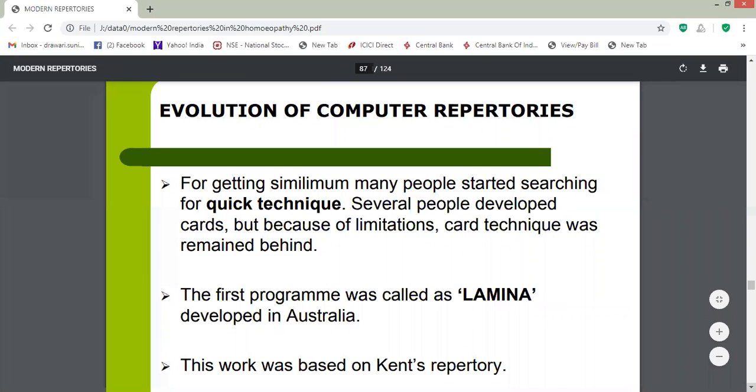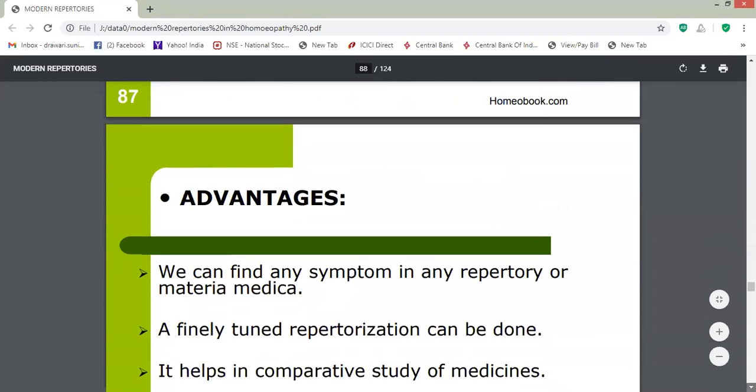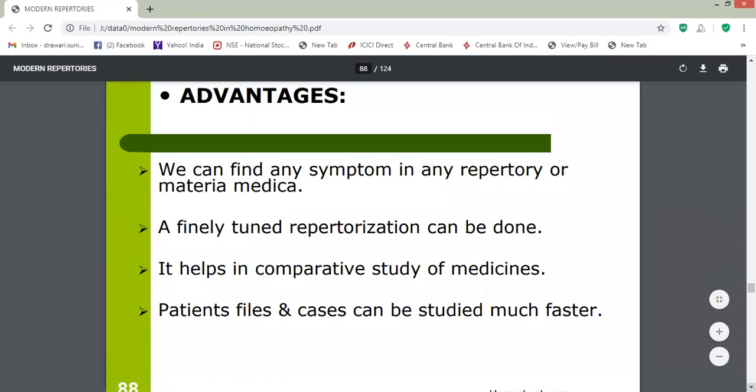This work was based on Kent's repertory. So, the first work in computer software in homeopathy was Lamina, based on the Kent repertory. Then there are many advantages of this computer repertory.